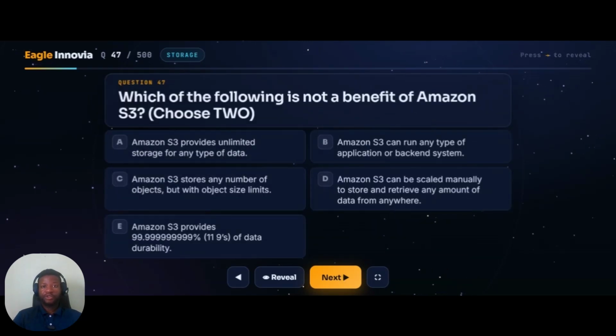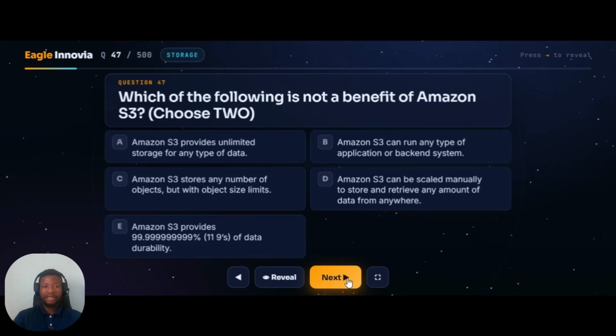Question number 47. Which of the following is not a benefit of Amazon S3? Choose two. A. Amazon S3 provides unlimited storage for any type of data. B. Amazon S3 can run any type of application or backend system. C. Amazon S3 stores any number of objects, but with an object size limit. D. Amazon S3 can be scaled manually to store and retrieve any amount of data from anywhere. E. Amazon S3 provides 11 nines of data durability.